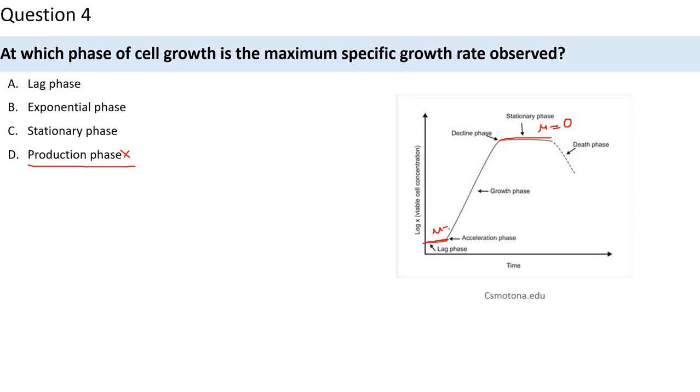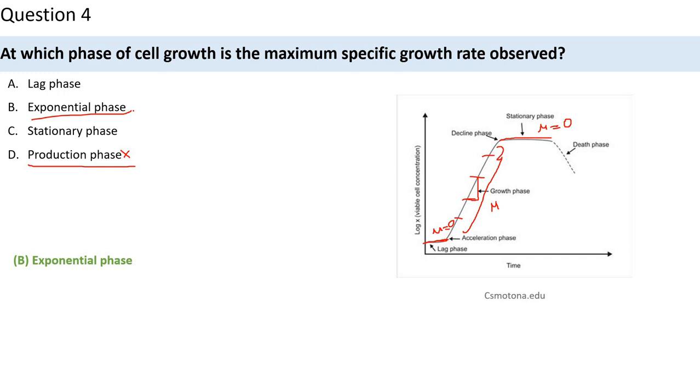Whereas in the growth phase, that is the exponential phase, the organism goes exponentially from 2 to 4, 4 to 8, 8 to 16, like that it grows exponentially, because of which you will get your slope, which will be your mu. So here your maximum specific growth rate will be observed in the exponential phase.